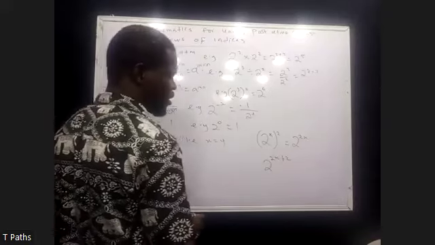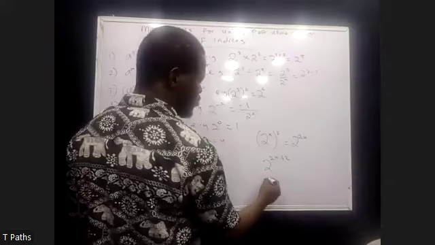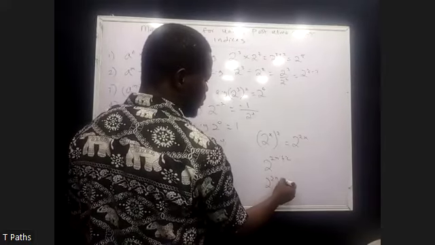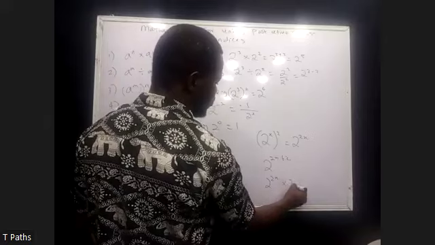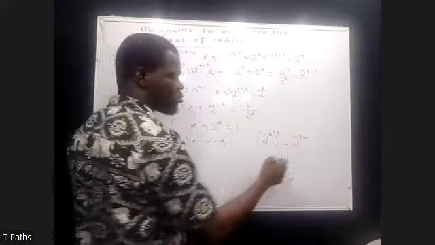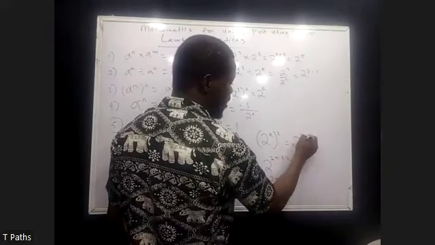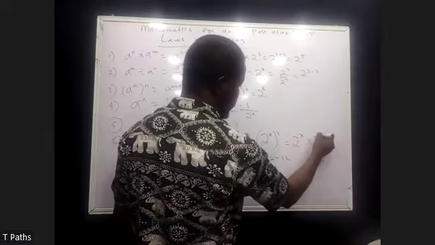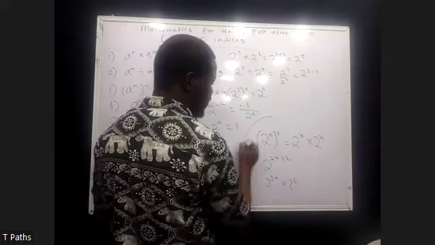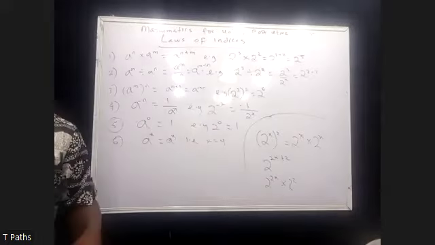Some people make this mistake. 2 raised to power 2x plus 2 is 2 raised to power 2x times 2 raised to power 2. Meanwhile, the other one is 2 raised to power x times 2 raised to power 2. They are different. If you notice, this is quite important too.